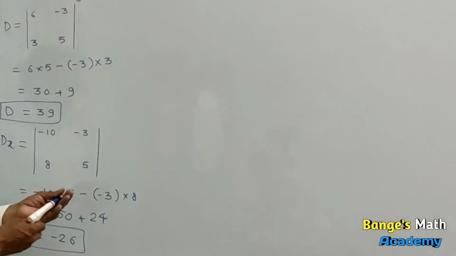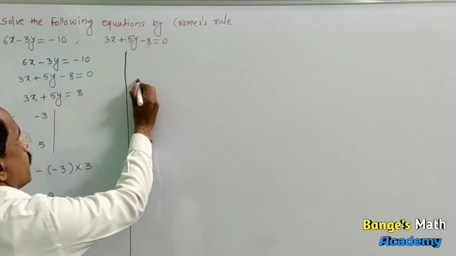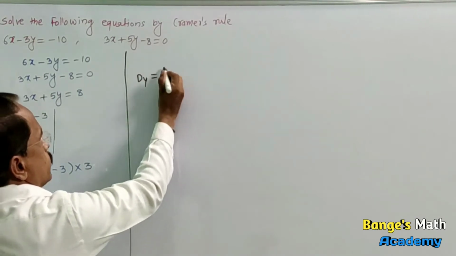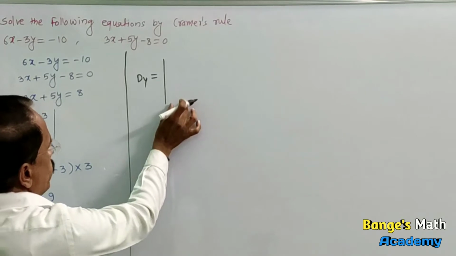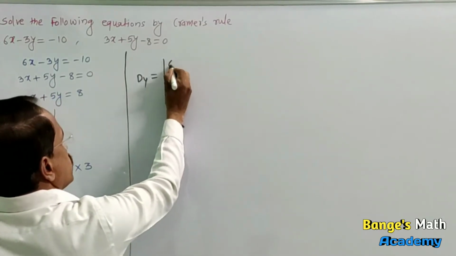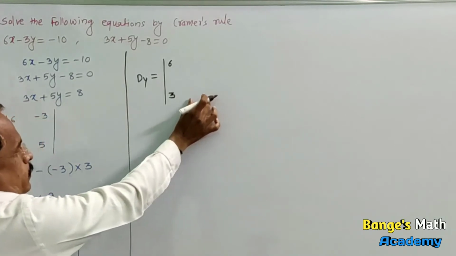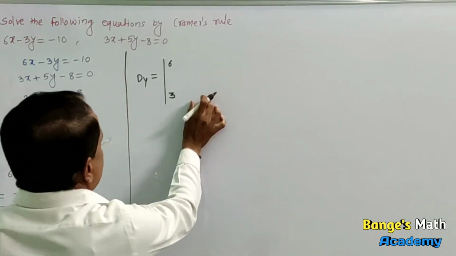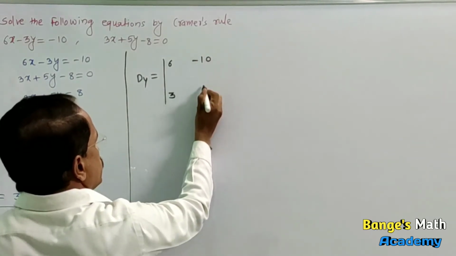Then find the value of dy. dy is equal to, in the first column write down the coefficients of x: 6, 3. In the second column neglect the coefficients of y and replace them by the constant terms: minus 10, 8.